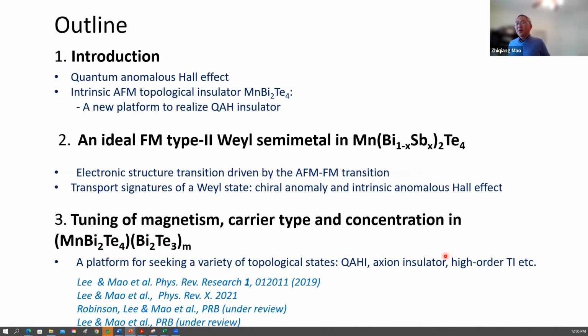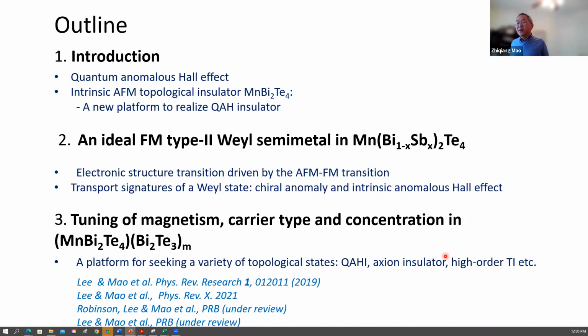Okay, so here's the outline of my talk. First, I will give a brief introduction to the quantum anomalous Hall effect and the intrinsic antiferromagnetic topological insulator MnBi2Te4. That is a new platform to realize a quantum anomalous Hall insulator. Then I'm going to discuss two topics.